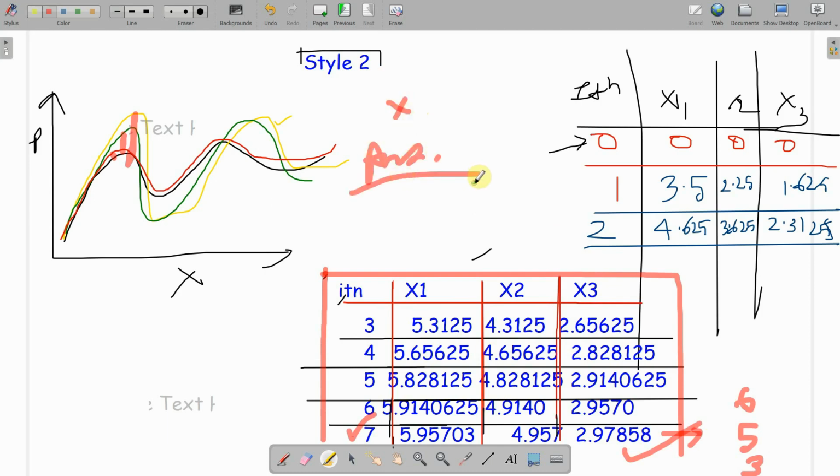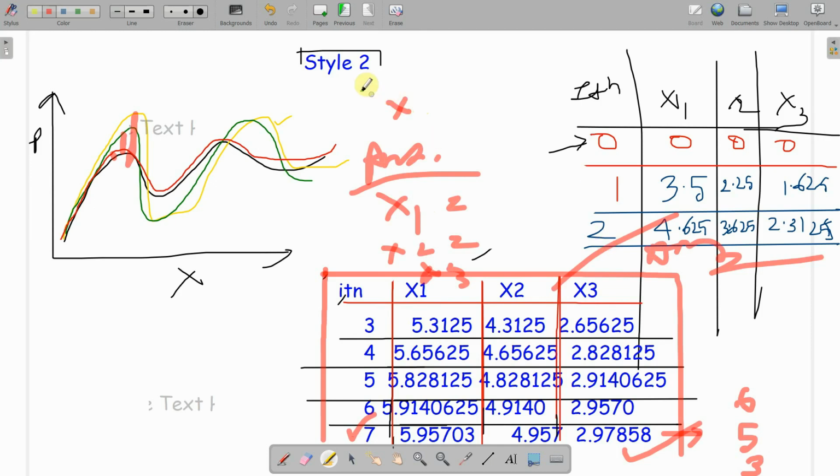Whenever you are writing the answer, if I ask what would be the solution, you will write x1 equals to this value, x2 equals to this value, x3 equals to this value, and then write answer, so that I can understand that this is the final answer.